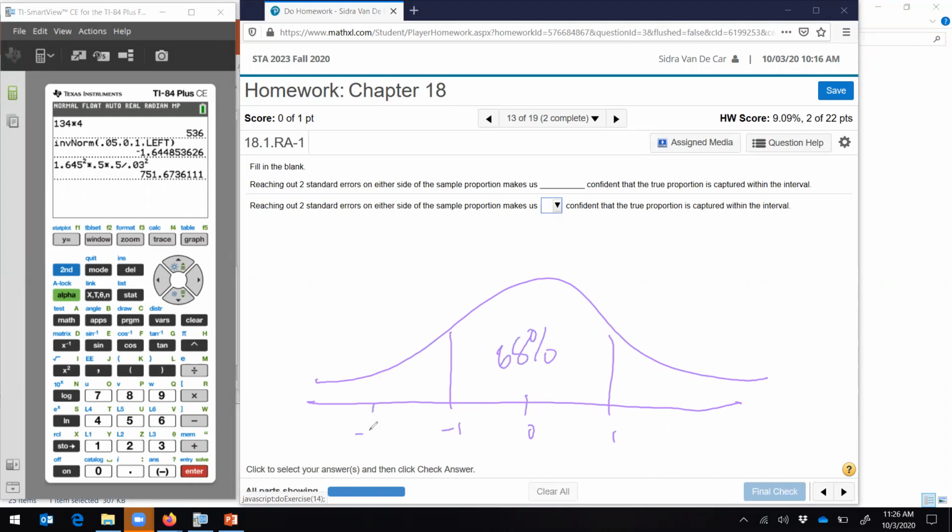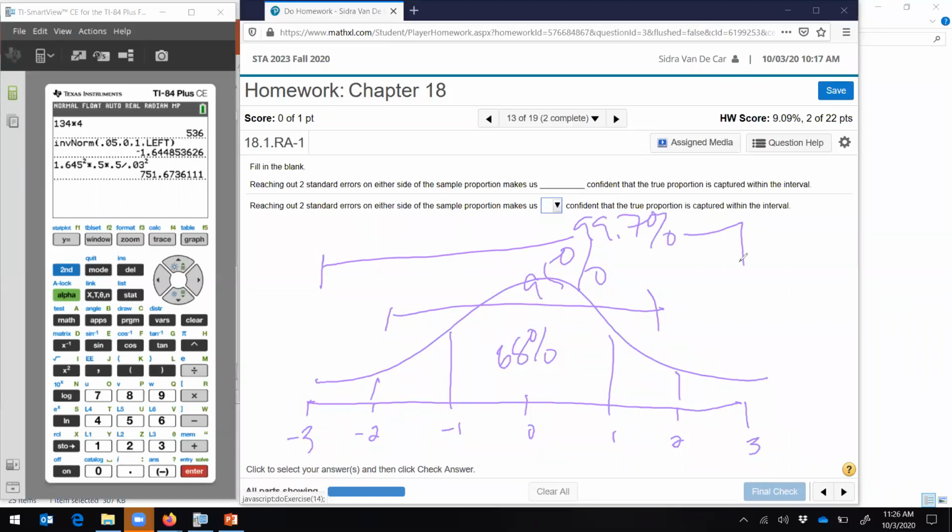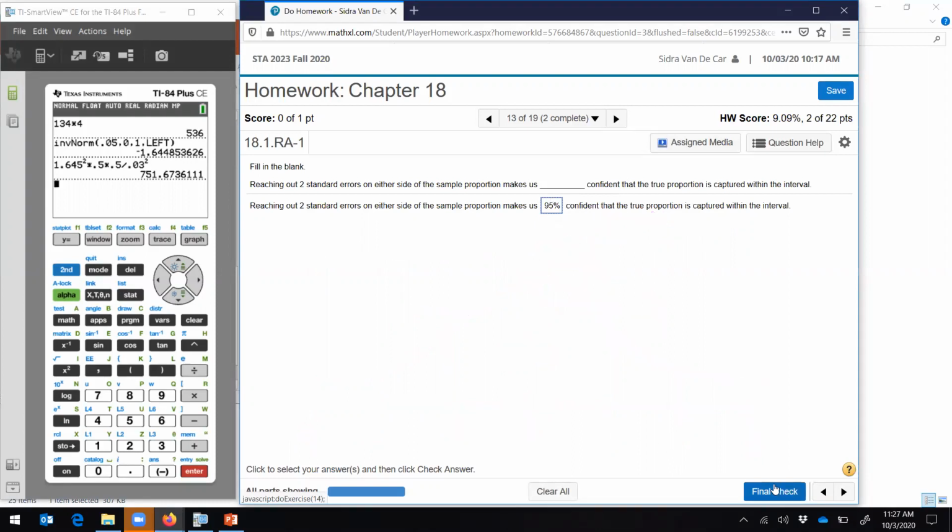And then 2 standard deviations is 95%. And then 3 standard deviations is the 99.7%. That's our empirical rule, right? So if I go 2 standard errors on either side, it's about 95%. We know it's not actually 2, it's actually 1.96. But according to our empirical rule, we can estimate that with a 2.